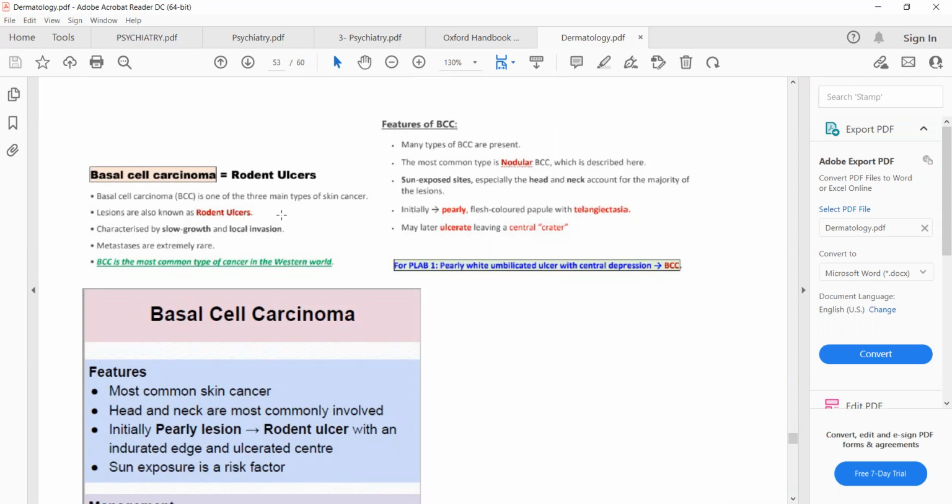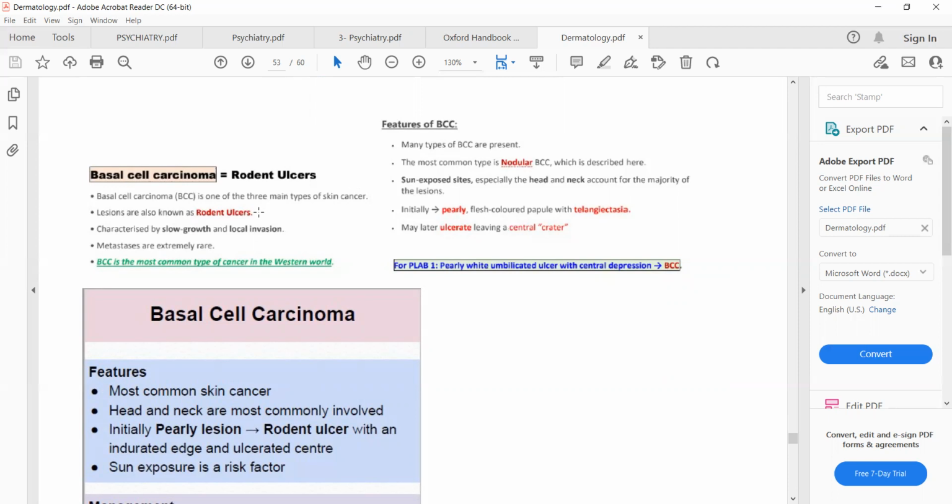It usually occurs on the face, and the diagnostic features of the lesion are that they form a rodent ulcer or pearly lesions with rolled margins.